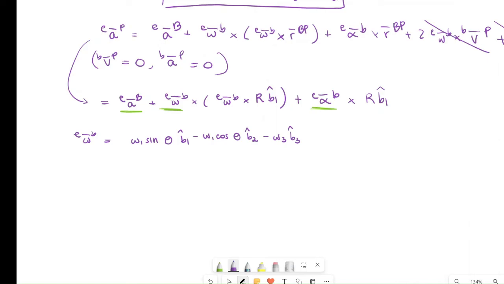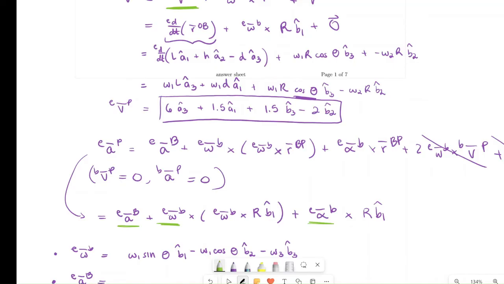The other one is the acceleration of point B with respect to the E frame. So we previously found that the velocity of point B with respect to the E frame is this.